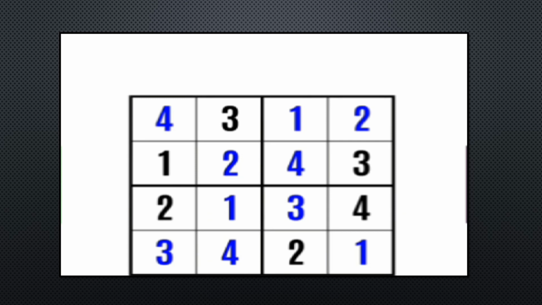All the digits are appearing once on each row, as you can see in the picture. Each column and each box.